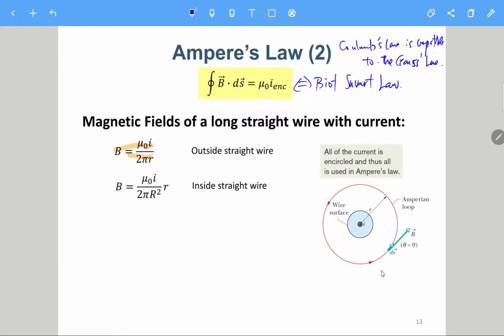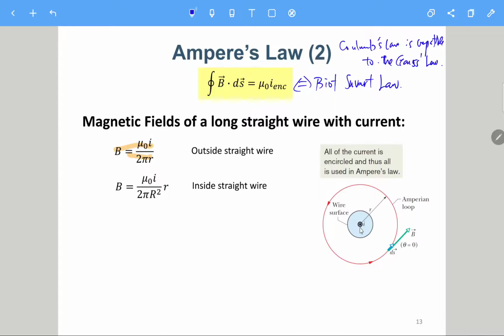When you consider the current here, we have a current going out of the page. This whole blue circle is the cross section of the wire.